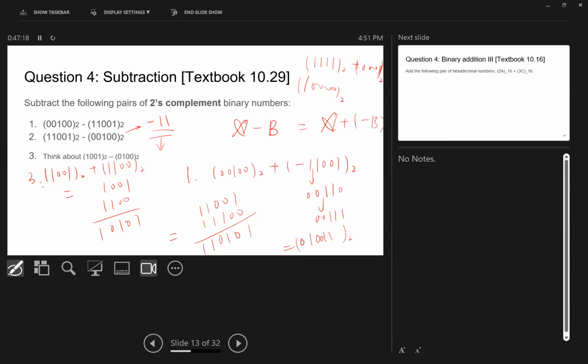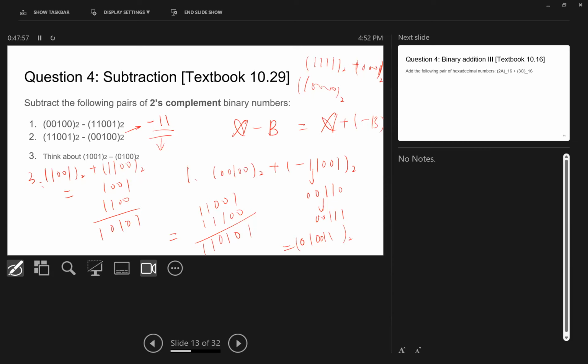And if we remind this overflow bit, we will get a negative number. So actually, here is my method. We validate whether we should remind this overflow bit or not according to the corresponding decimal result.